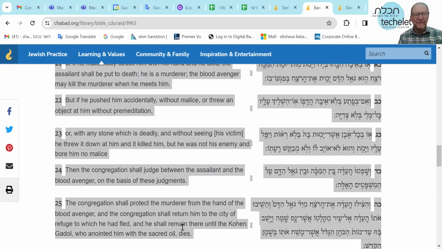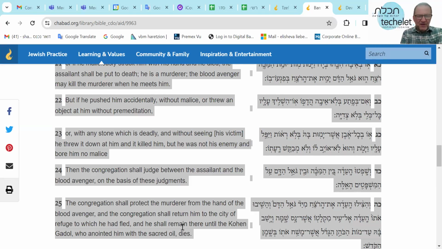Okay, now, what if the Kohen Gadol himself does an accidental murder? If he has to run to the city of refuge, how long does he have to stay there? Till he dies. Till he dies.